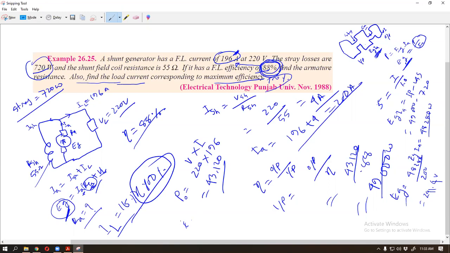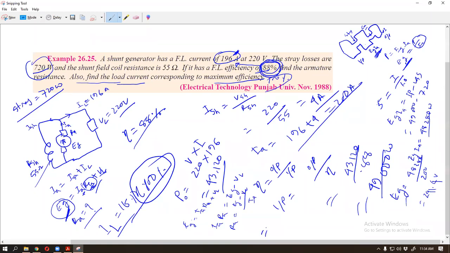Okay, so Ea is equal to IaRa plus V. So IaRa is equal to Ea minus V, so Ra is equal to Ea minus V by Ia.